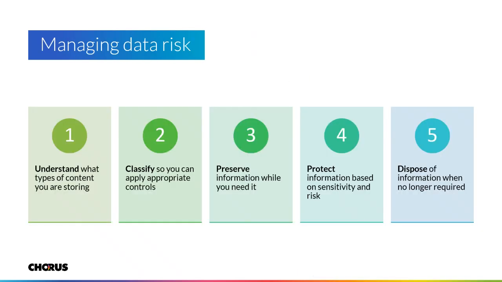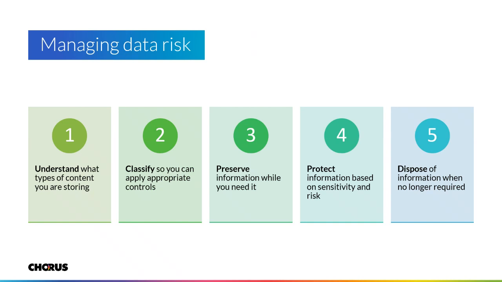So how do we approach it? So first of all, we've got to understand what type of content we're storing. So we need to understand both what it is and what our obligations are when it comes to managing it. We need to classify that information so that we can apply appropriate controls. We need to preserve it while we need to keep it, while we're obliged to keep it, protect it at the same time based on how sensitive it is, and dispose of it when it's no longer required or when we're obliged to get rid of it.